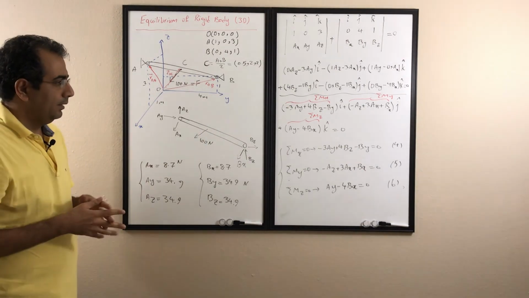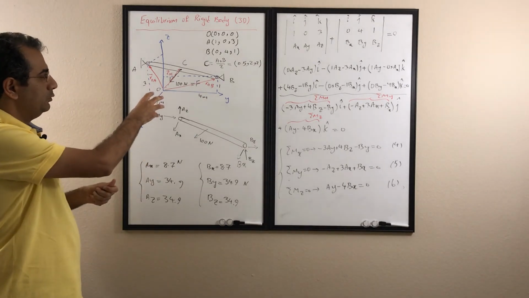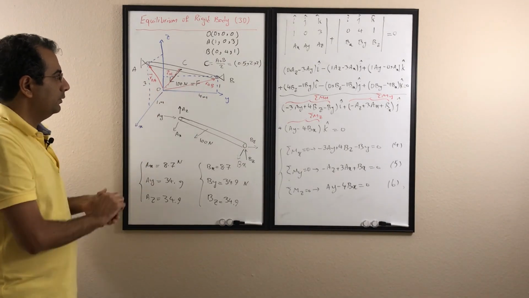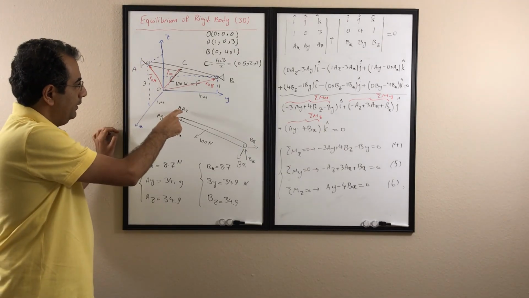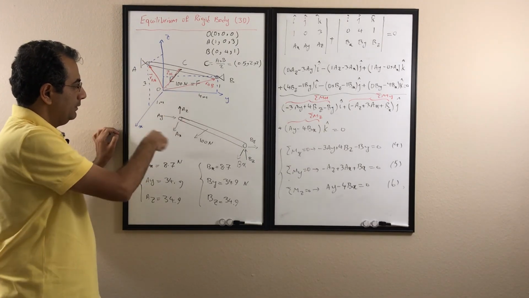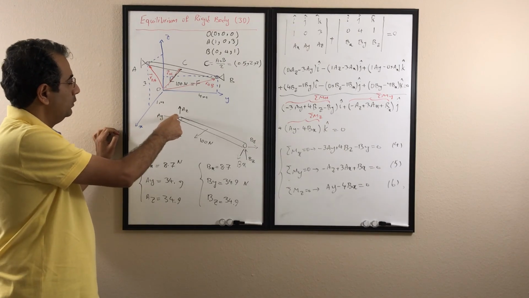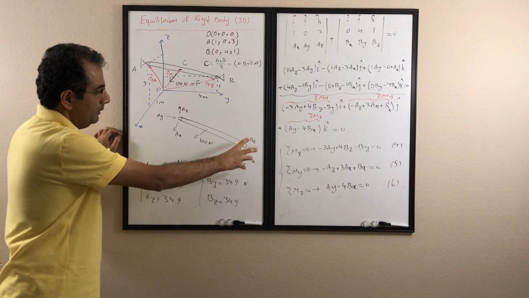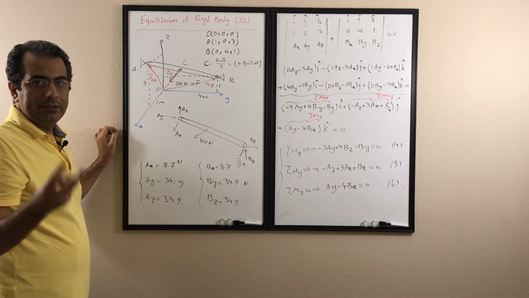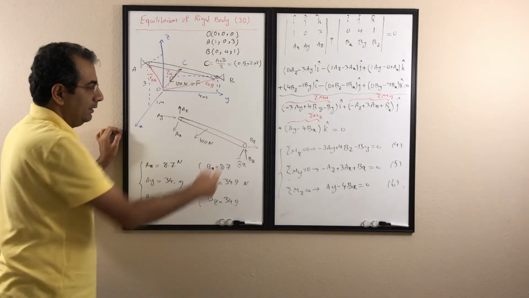To look more general, I go for A. If I write the sigma M about point A, then Az, Ay, and Ax will be eliminated because all of them go through point A, so only Bz, Bx, and By will remain. So I will have 3 equations and 3 unknowns, so I can calculate these 3.